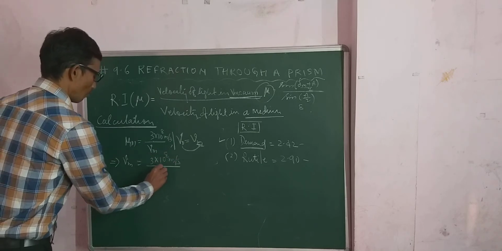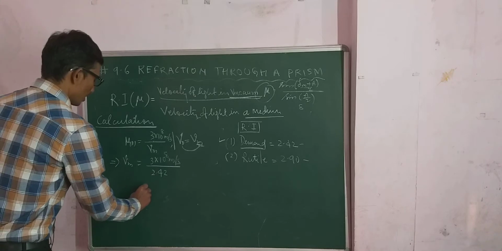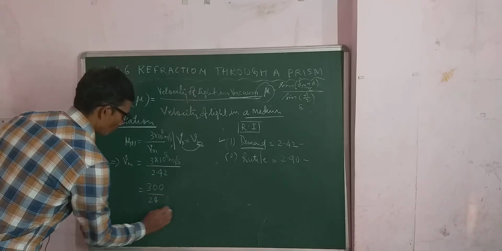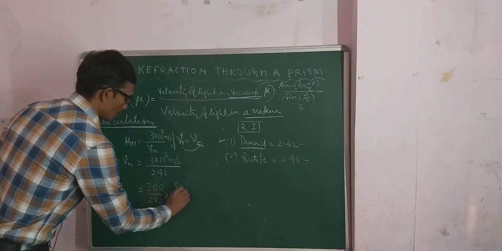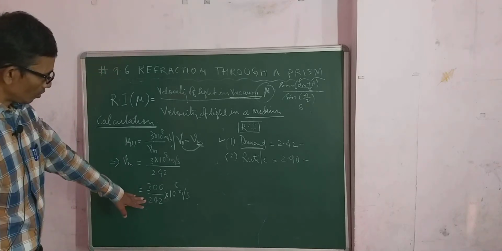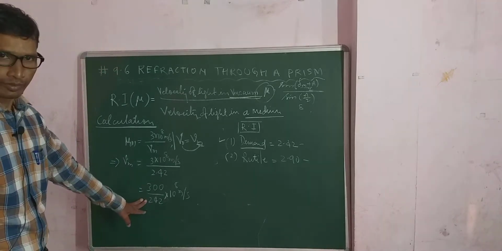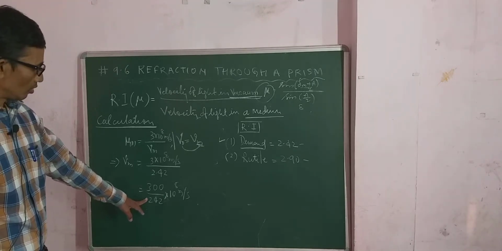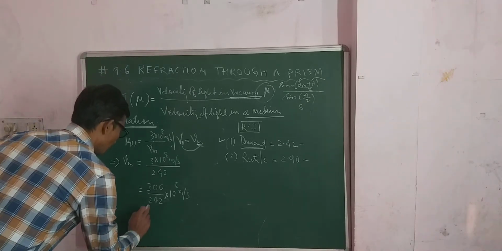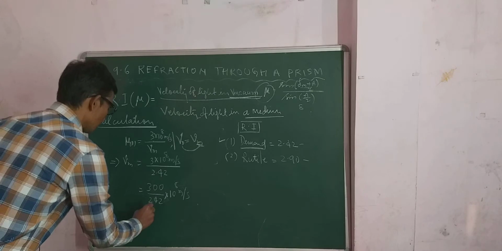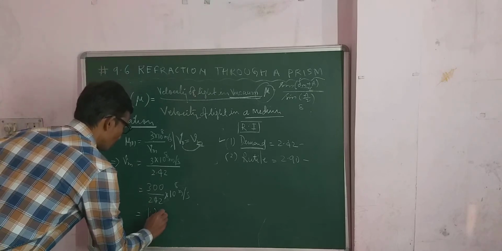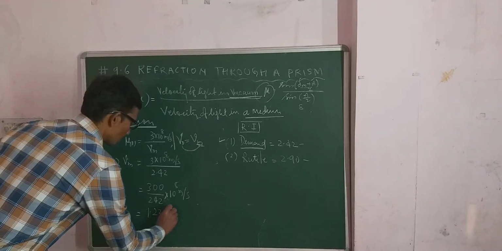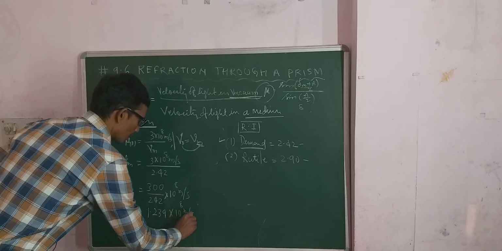This is divided by 2.42, and it is 1 point something, 1.239 actual value, into 10 to the power 8 meter per second.